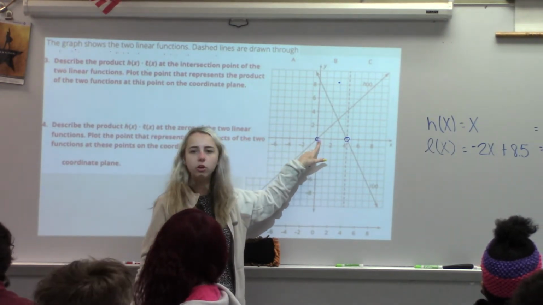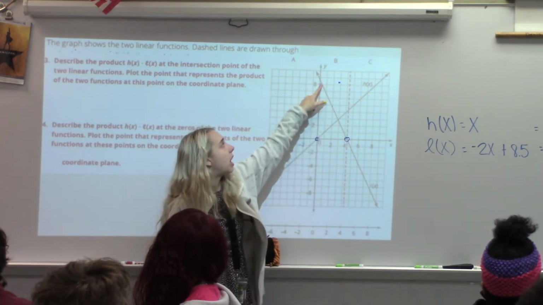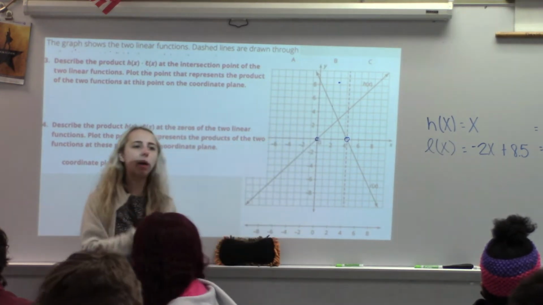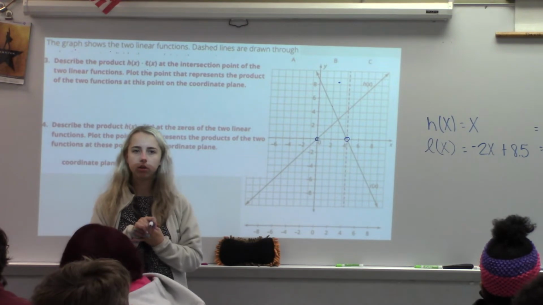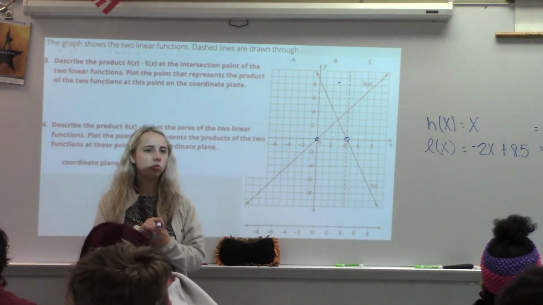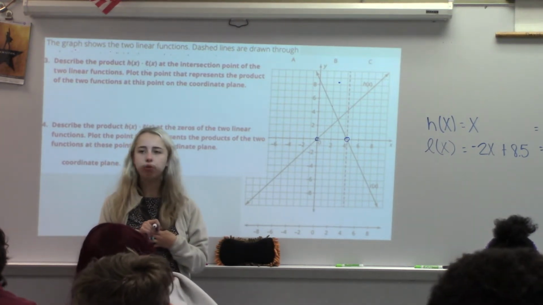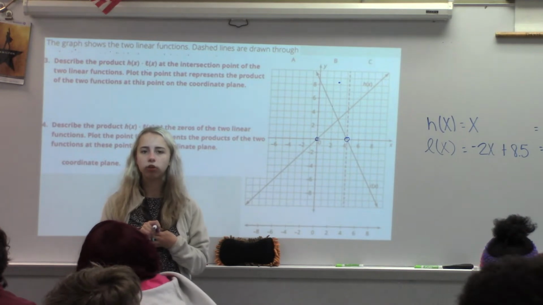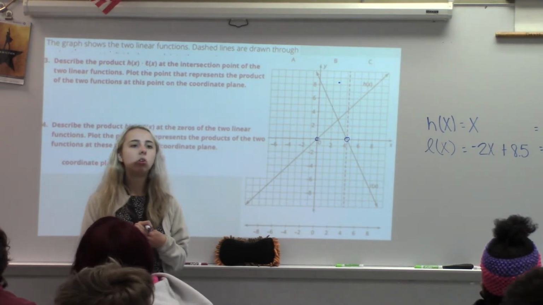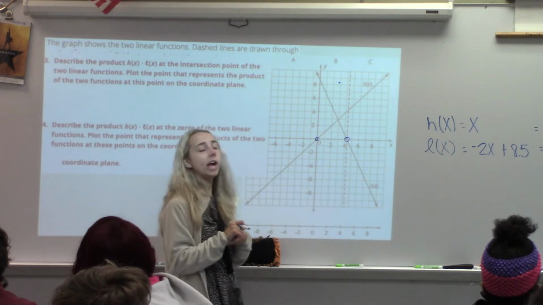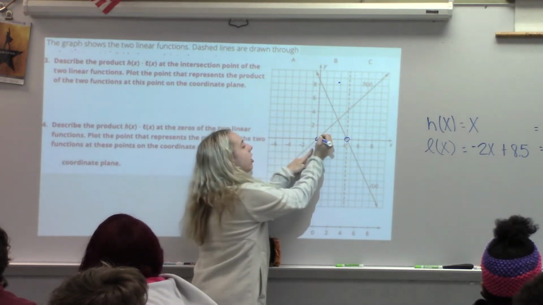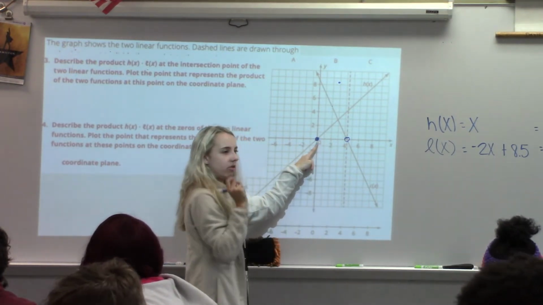What's this output? And this output's something positive, but what's that product going to be? So where am I going to plot my new point for the product? It would be at 0, because I'm keeping that x value, right?